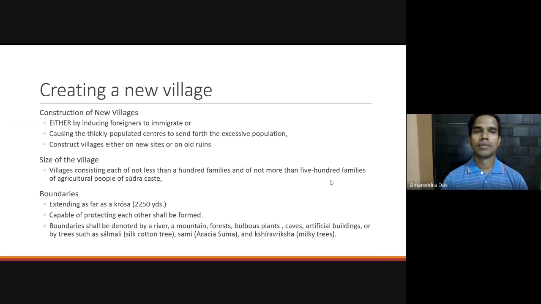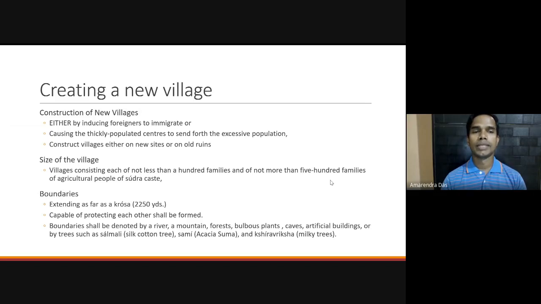Or, if the king believes that a village has become overpopulated, the king can ask some of the people to go to a new village, which can be created on a new site or on old ruins. That's how a new village can be constructed.